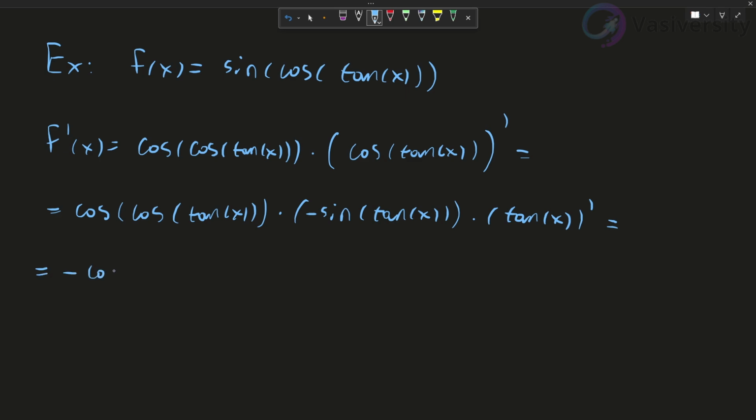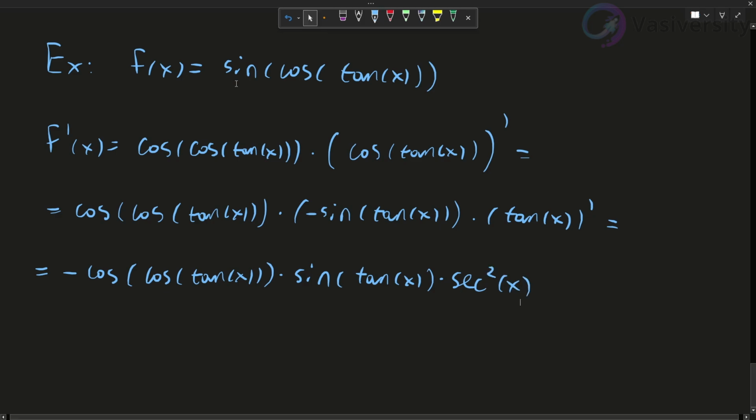So we're going to have cosine of tangent of x times sine of tangent of x times secant squared. We used the chain rule here twice.